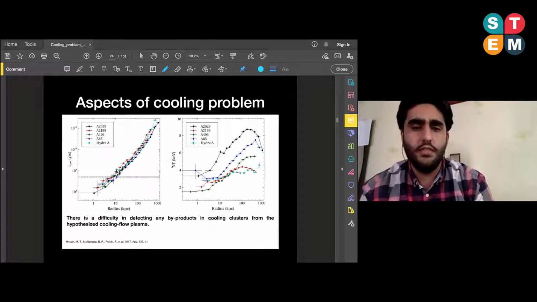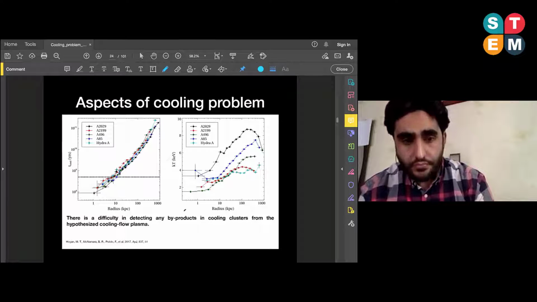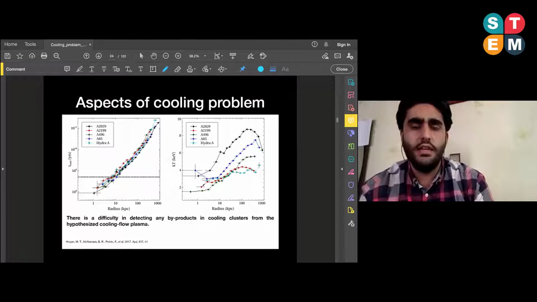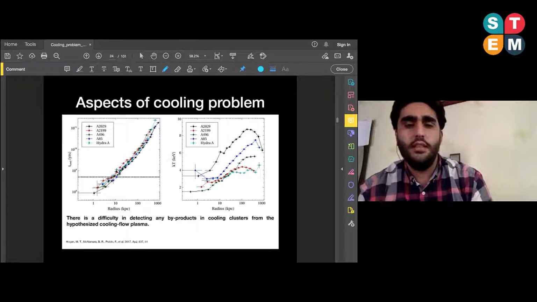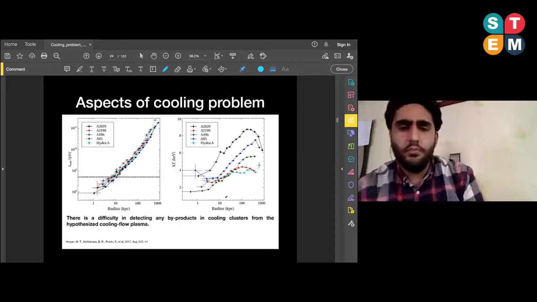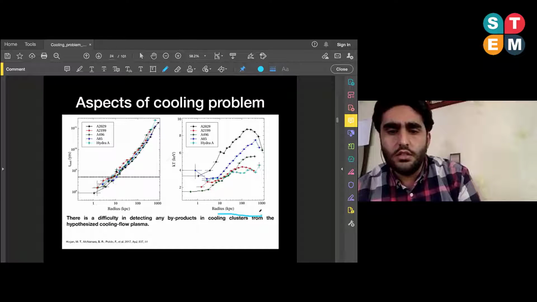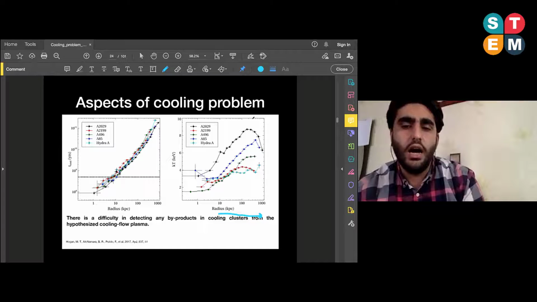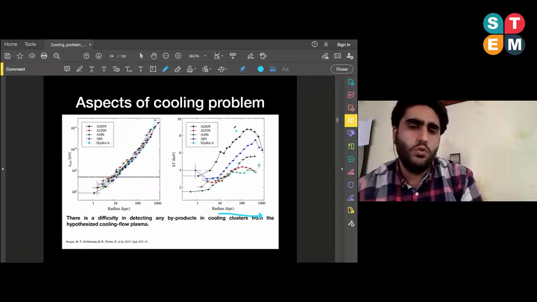Here you can see that when we plot the temperature profile of cooling clusters, at large radii the temperature is high, and it decreases as we move toward the center of the cluster.